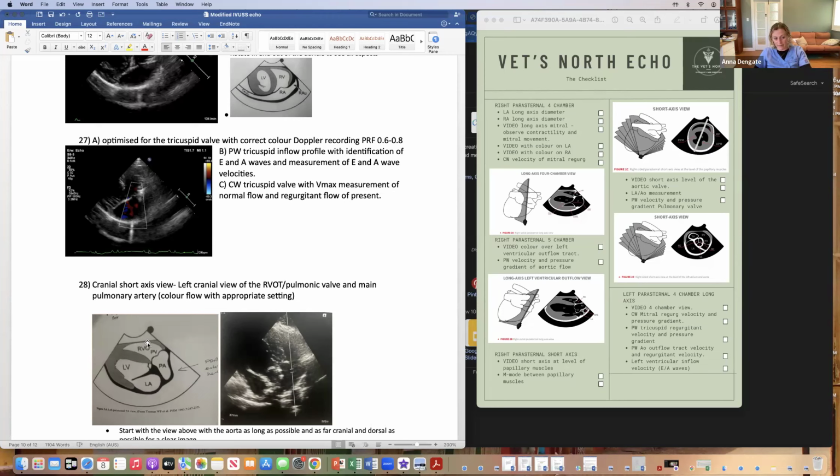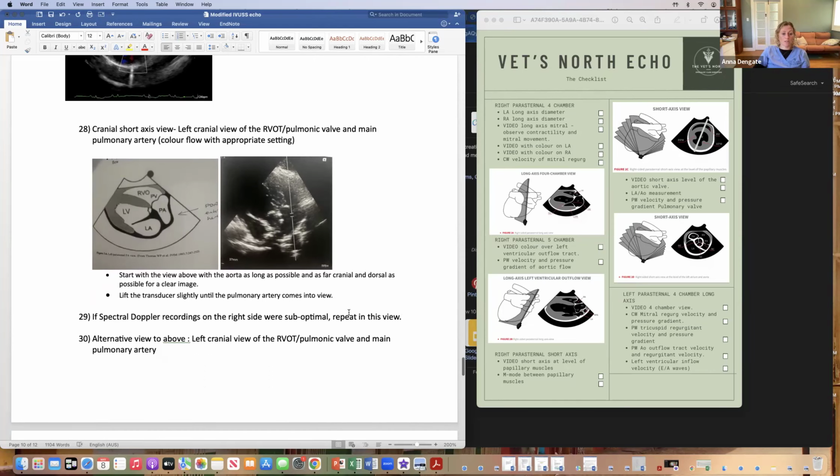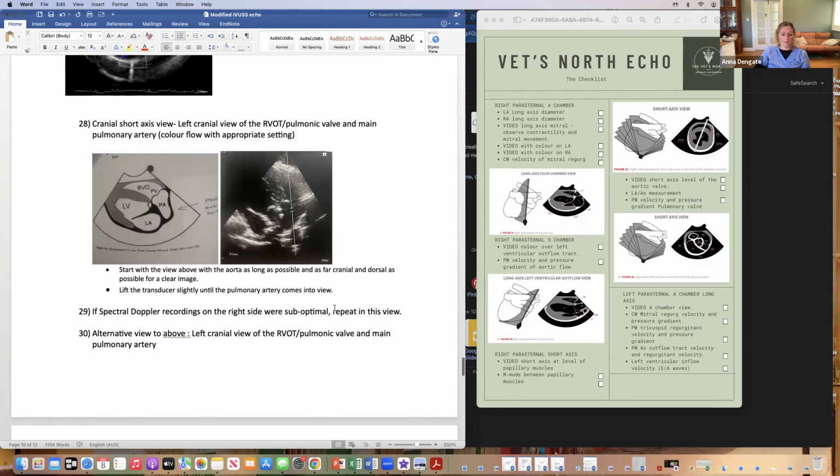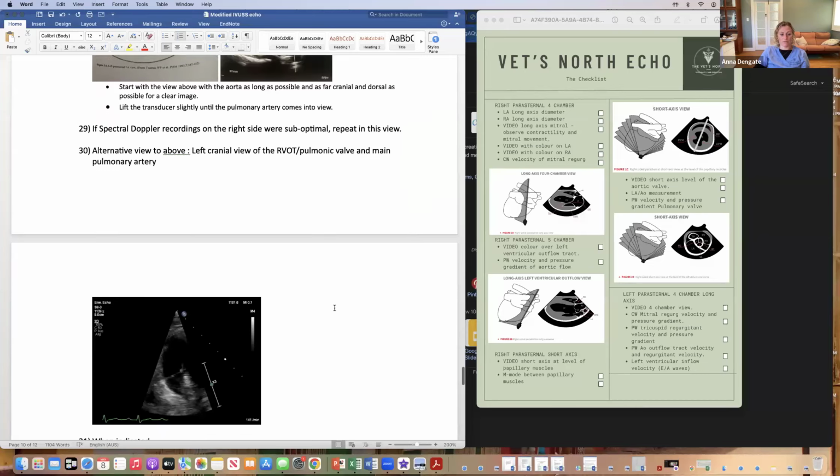So your line's coming down from your probe here, and it's just going to be beautifully lined up. Likewise, if you're measuring pulmonic stenosis and increases in velocity, it's going to be really nicely lined up here. So again, we're going to do PW pre and post, and then we're going to do a CW across the valve.